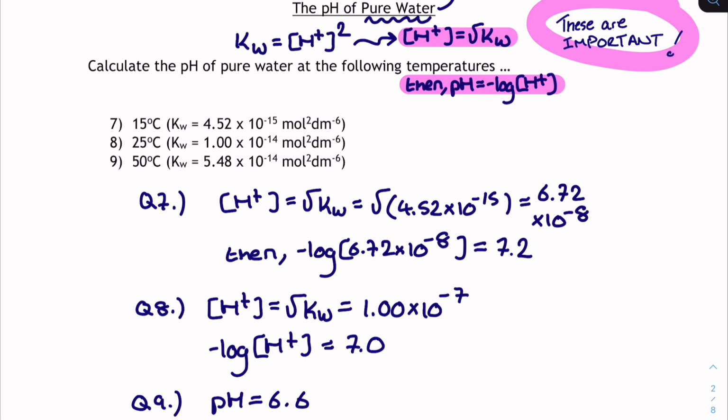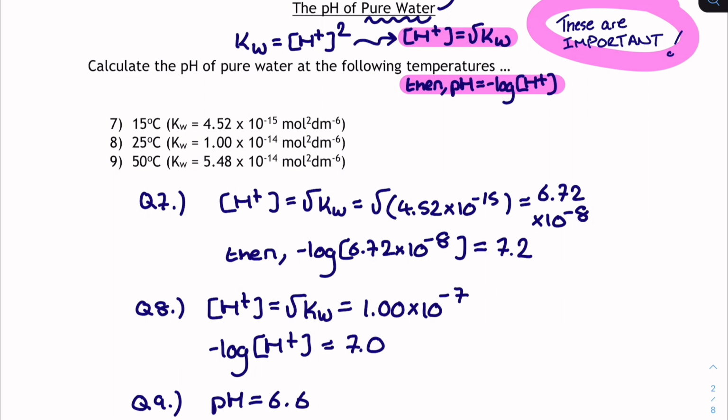You can see for question 7, we're working at 15 degrees C, and the Kw value is 4.52 times 10 to the power of negative 15. So here I've got my square root of Kw, so that's my square root of 4.52 times 10 to the power of minus 15, and that gives me a value of 6.72 times 10 to the power of negative 8.